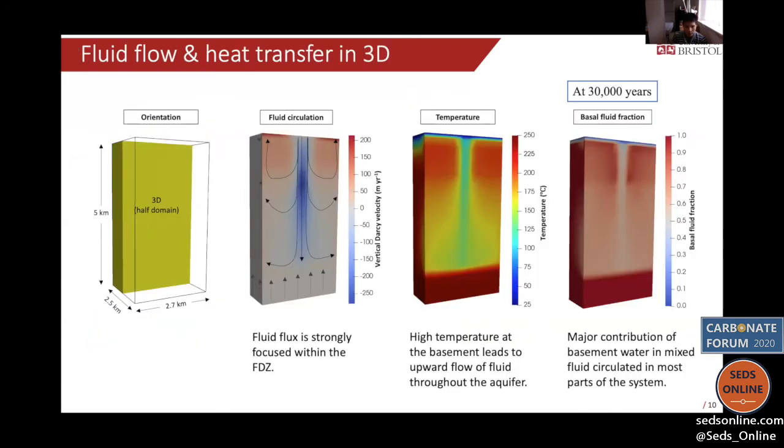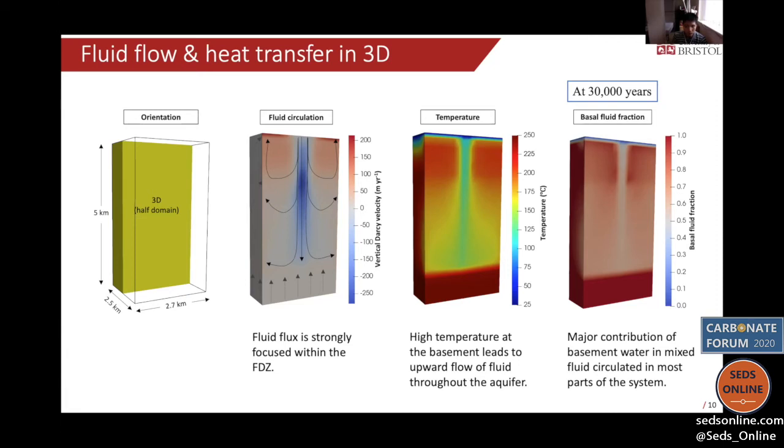In contrast, the 3D simulation clearly demonstrates the importance of considering both flow along the plane of the fault and heat exchange within the surrounding matrix. The fluid flux is strongly focused within the FDZ, and high temperature at the basement leads to the upflow of fluid throughout the aquifer. The lower permeability of the cap rock forces the ascending fluid within the aquifer matrix back into the FDZ at depths shallower than 2.5 kilometers.